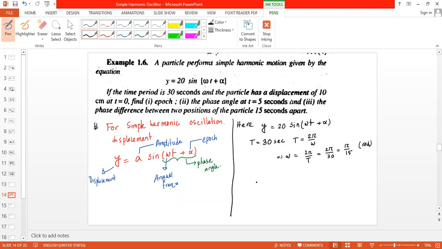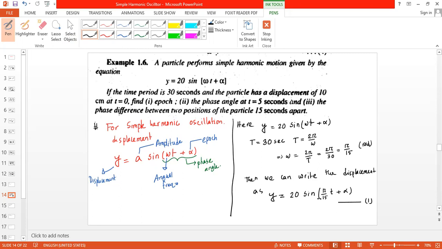So here the equation is: we can write the displacement as y equal to 20 sine omega t, omega means pi by 15 t, plus alpha. Let's name it equation number 1. So this is the equation for the displacement of the particle.